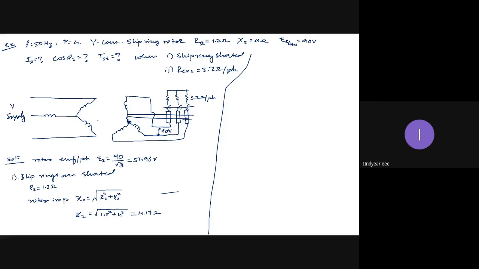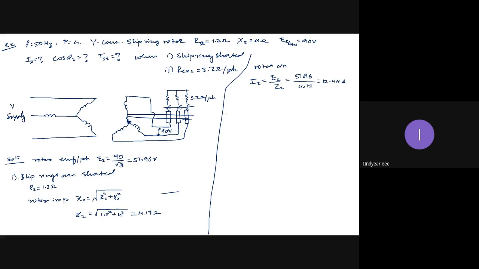Then rotor current I2 is equal to E2 by Z2. So it is 51.96 divided by 4.17, which is 12.44 amperes.